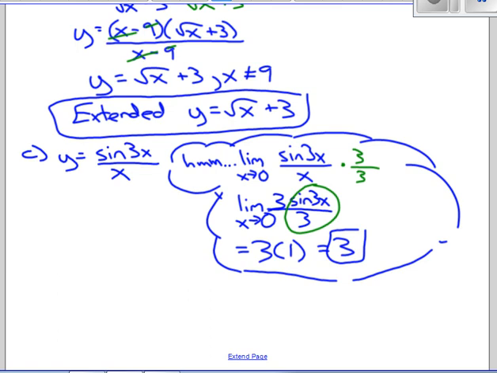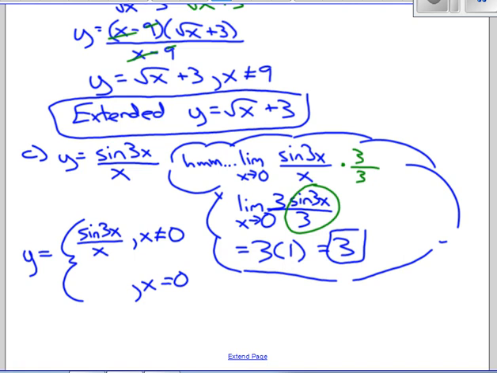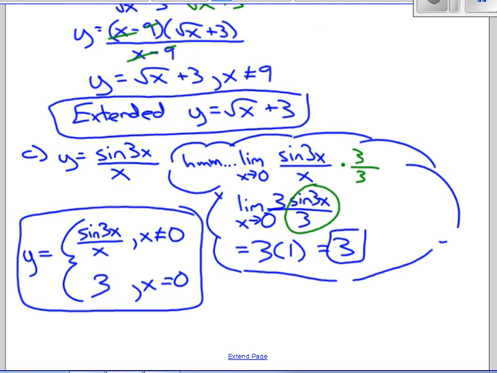So almost everywhere, this function is defined by sine 3x over x. The only place it can't do that is when x is 0. When x does equal 0, now we know this function should take on a value of 3. So there's the extended function that removes that discontinuity.